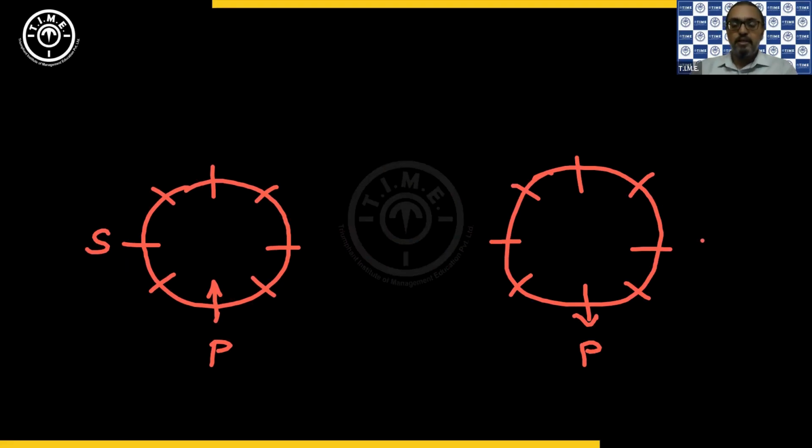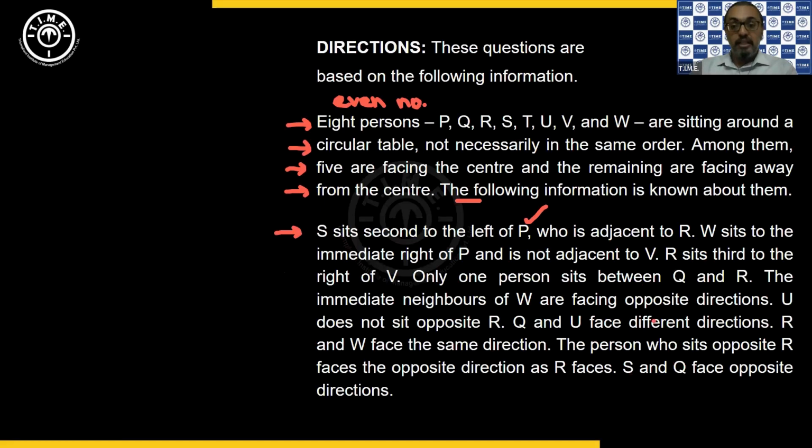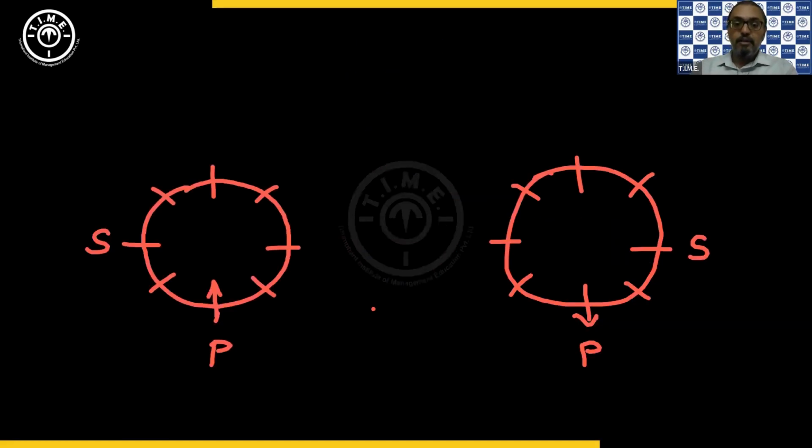For away from the center, it is anti-clockwise, second position. So S is fixed, but the direction of S is unknown. P and R will be adjacent. Both adjacent positions of P are available, so let us come back to it later.